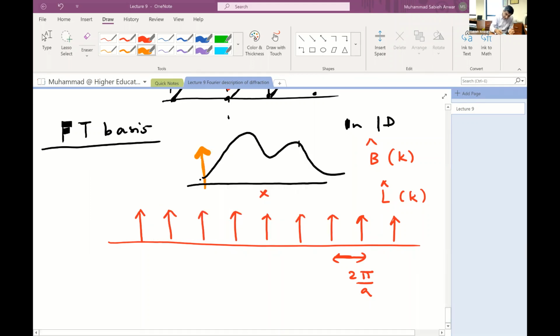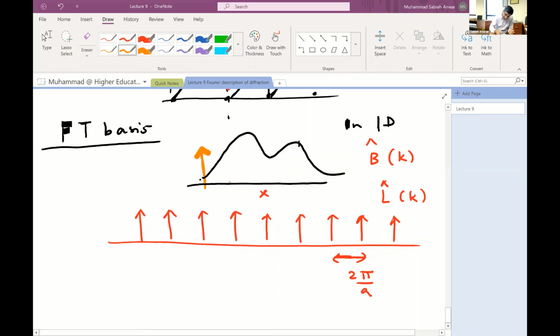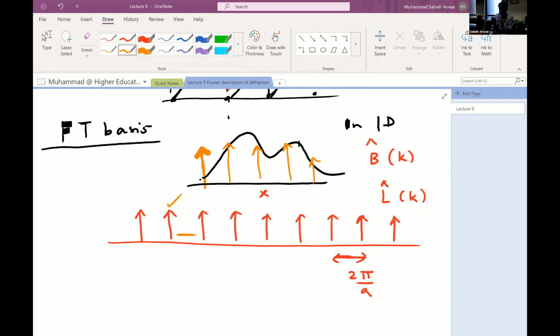So only these points in the reciprocal space become valid. The product of a Dirac delta function with the basis Fourier transform is 0 where there's no Fourier transform. Everywhere else I have 0. I'm really sampling the basis function at the points at which the reciprocal lattice vector exists.